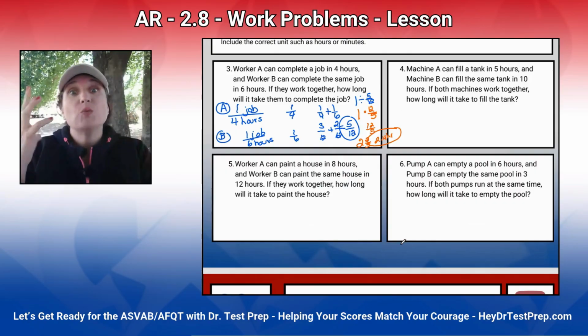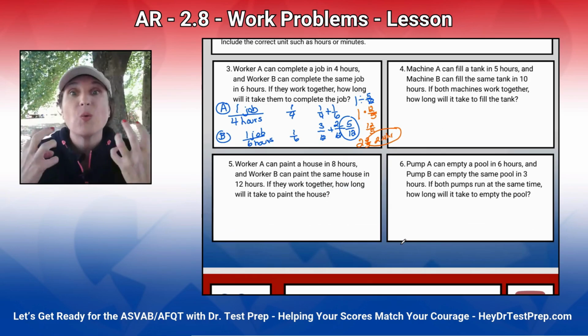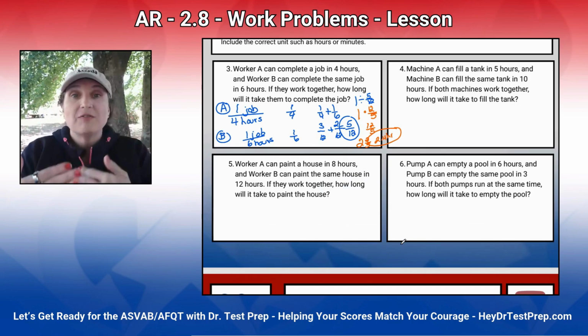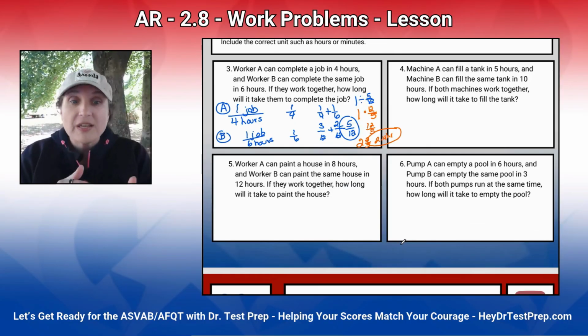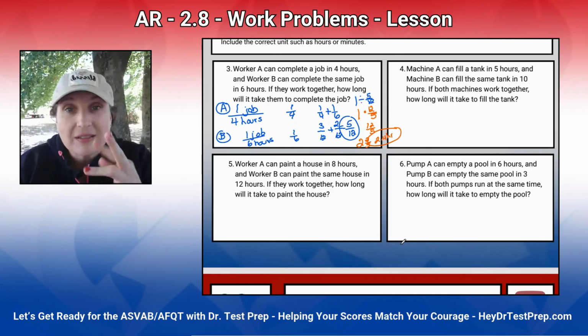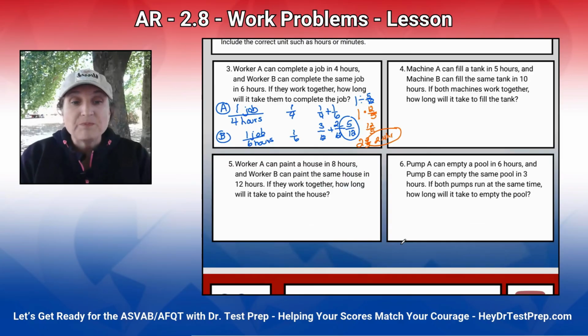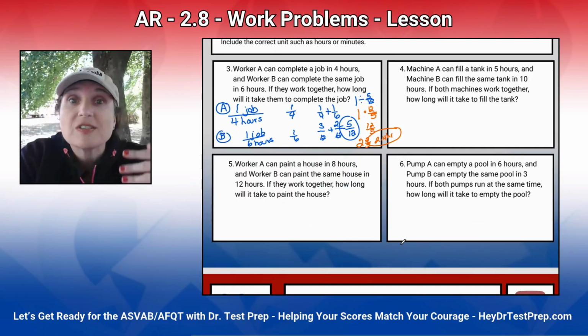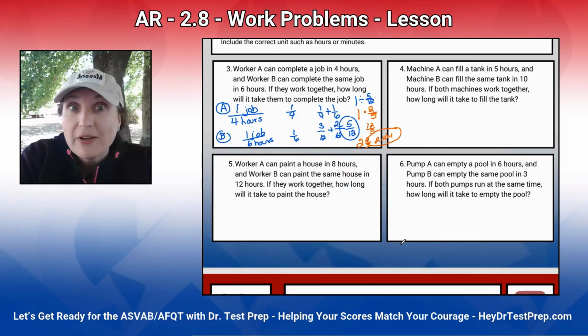So because we need to do one whole job, we're taking that one whole job, dividing it by the 5/12, and that tells us that basically we're taking the reciprocal of the fraction. Every 2 2/5 of an hour, or 2.4 hours, they're completing one job together.